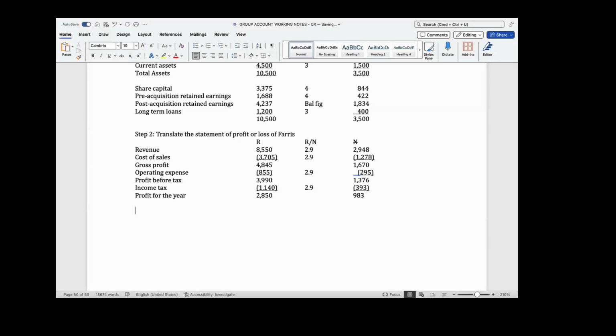Okay, so we have translated. So the next thing is for us to determine. The profit before tax is 1325, not 6, it's 5. Okay. Profit for the year is 982.